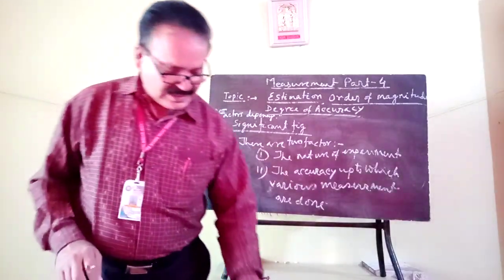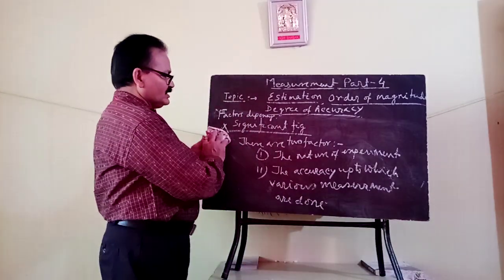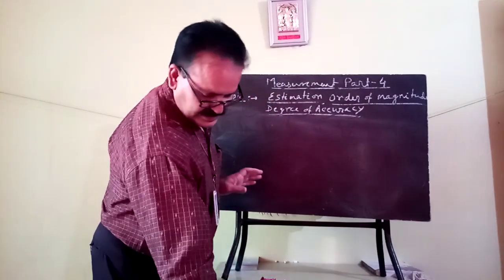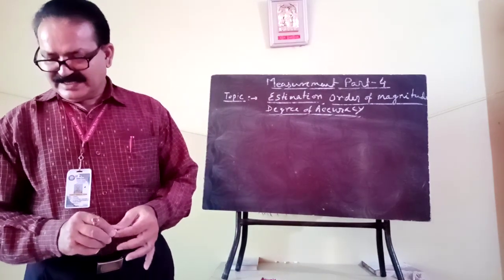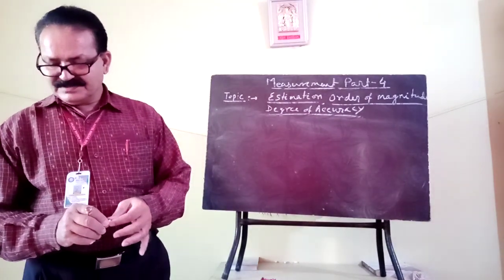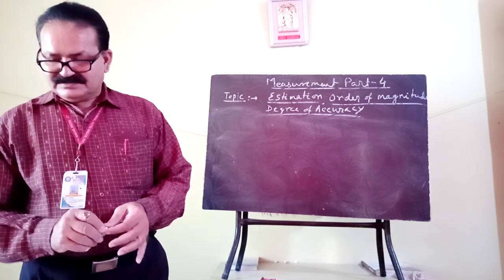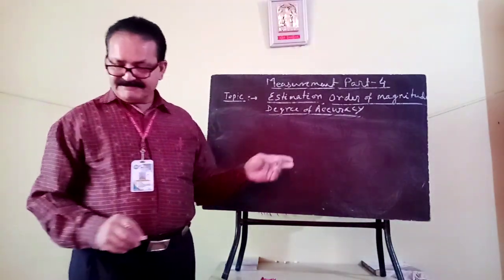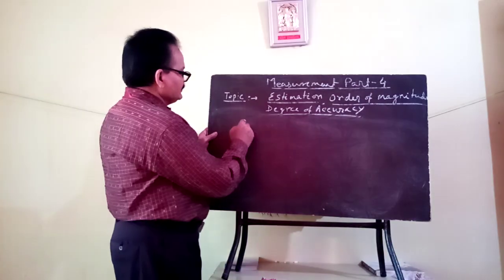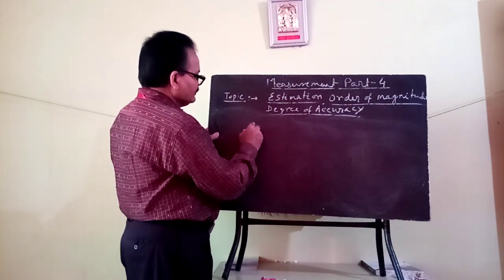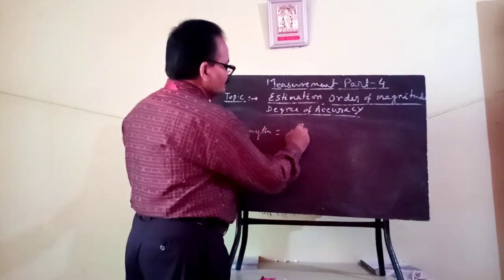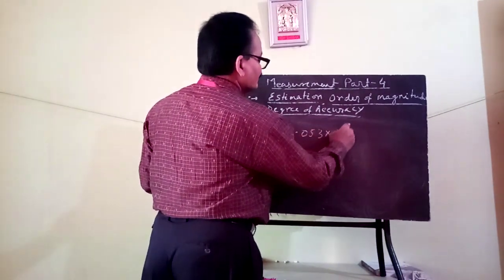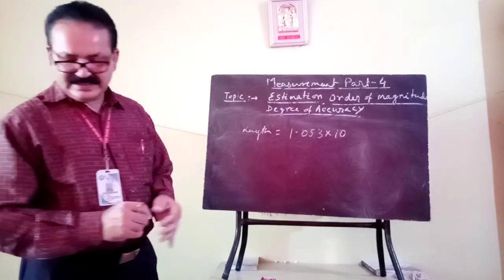Okay, let us take an example. Suppose any data length is 1.053 into 10 to the power 11.